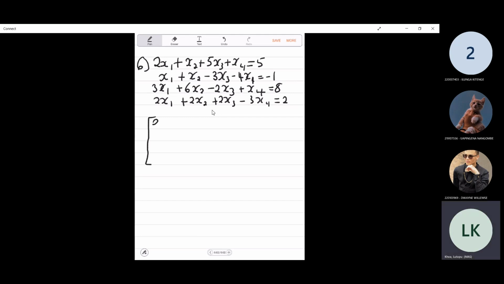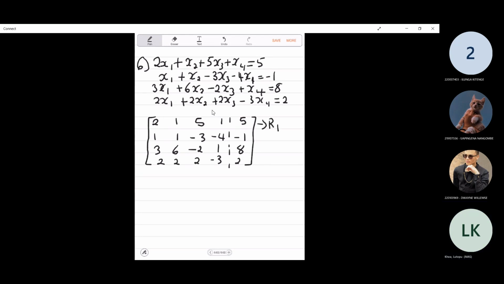We have 2, 1, 5, 1, 5, and 1, 1, minus 3, minus 4, minus 1, 3, 6, minus 2, 1, 8, 2, 2, 2, minus 3, 2.